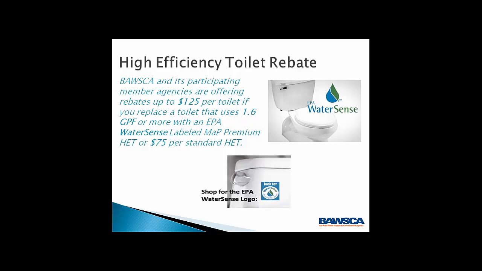We are currently offering rebates of up to $125 per toilet if you replace a toilet that uses 1.6 gallons per flush or more with a WaterSense certified premium toilet. And the premium toilets are ones that use 1.06 gallons per flush or less. If you don't want to go for a premium model, but you would like to still take advantage of the program and replace your toilet with a standard HET, you can qualify for a rebate of $75 per toilet.